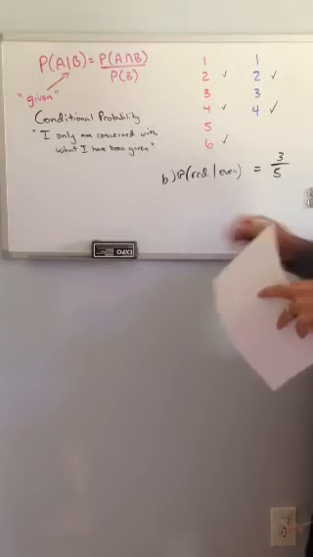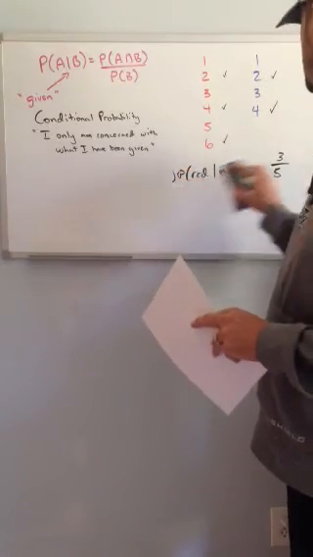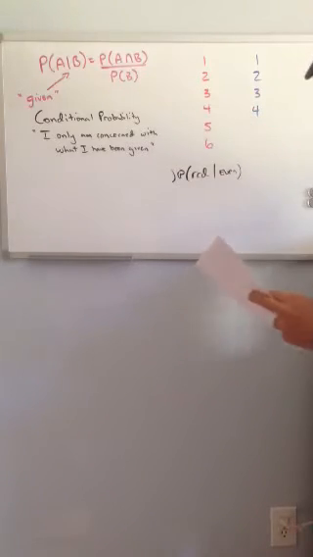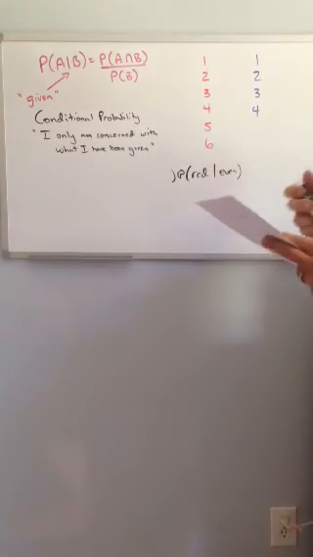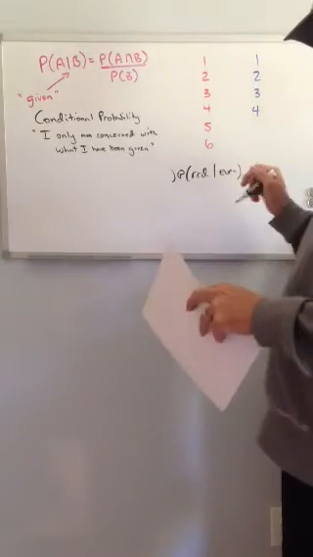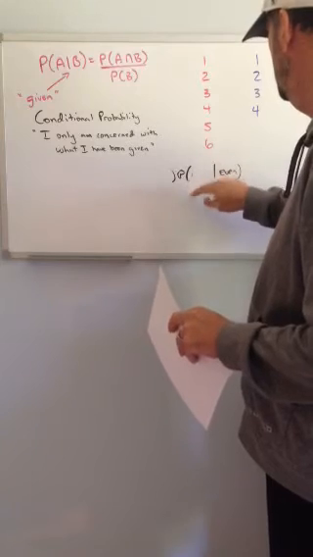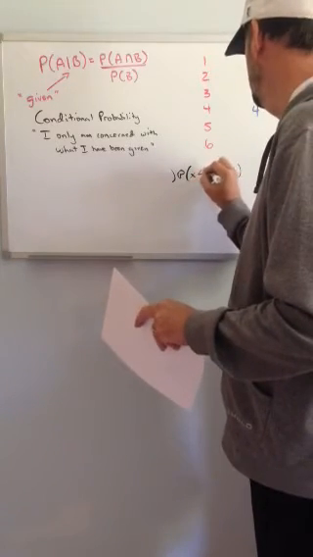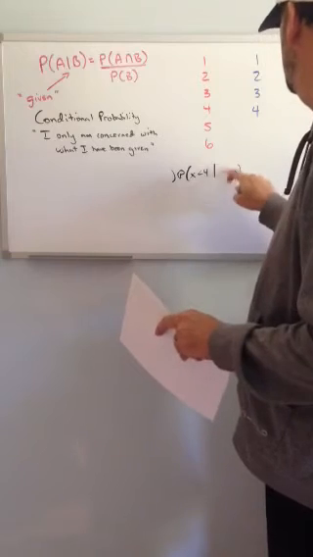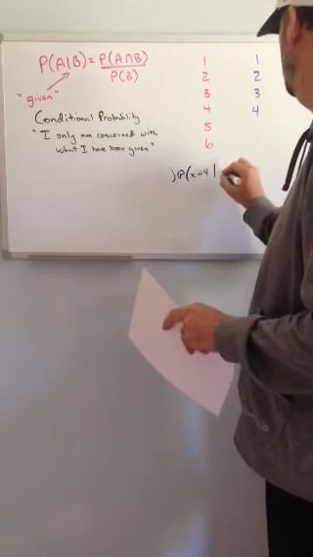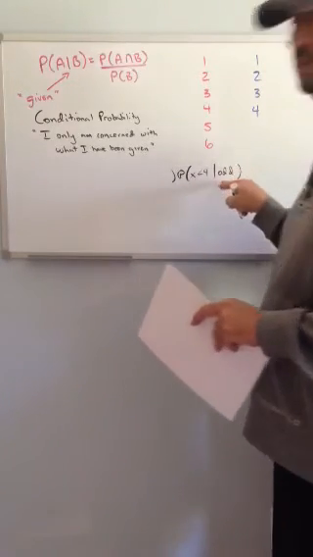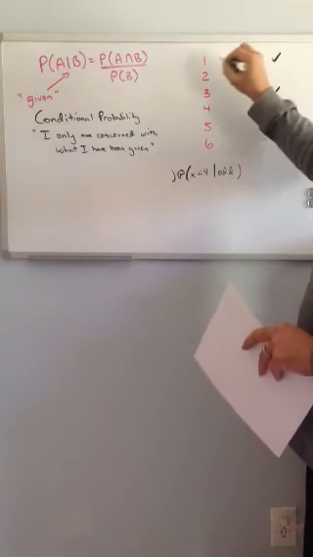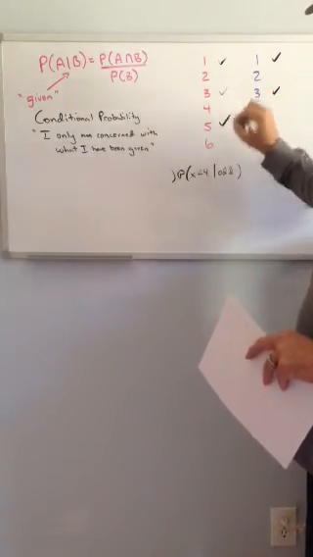So if we look at part C, it says, what is the probability of it being less than 4, given that it's odd? So we're only allowed to look at the objects that are odd. All right, so I got odd, odd, odd, odd, and odd.